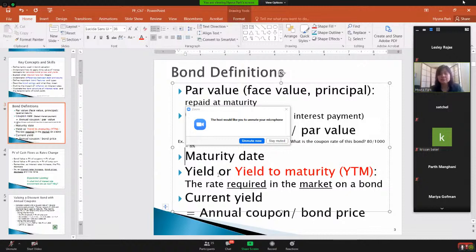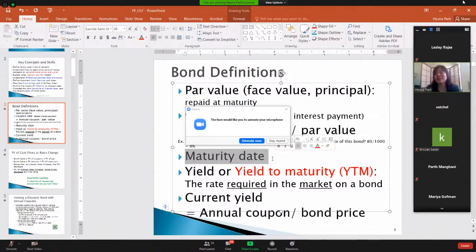So any questions so far? And the maturity date, it's obvious. So bond has maturity. Bond payments, coupon payments, or loan period do not continue forever, but a bond has an end. So all bonds must end at the maturity date.